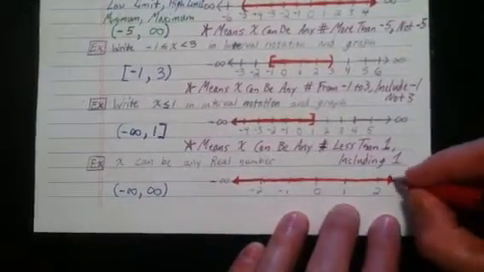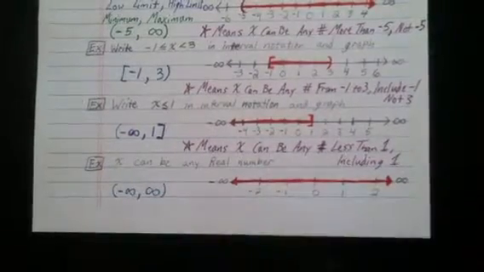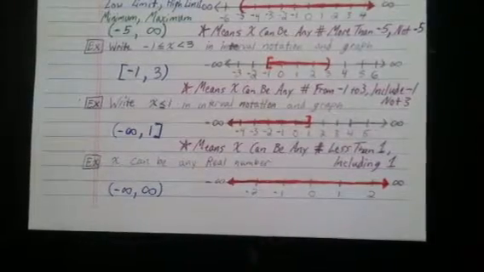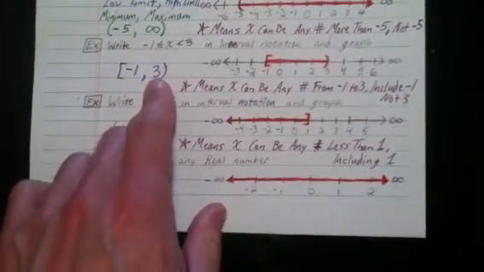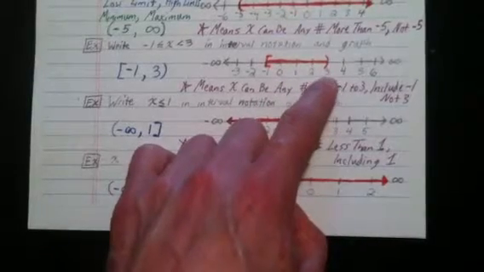Any number you can think of, there's always going to be another number greater than that, and then a number greater than that. You never really can reach infinity, and for that reason, you're going to have the parentheses, not the brackets. Just like a parenthesis up here means you're not actually touching the 3. You can get every number closer and closer to 3, like 2.99999, but not actually touching 3.